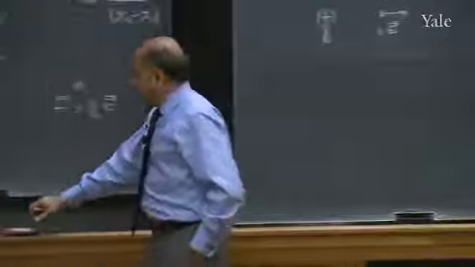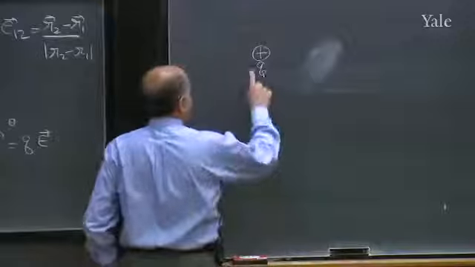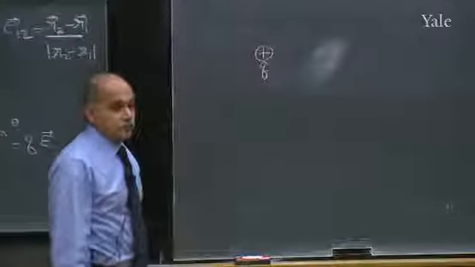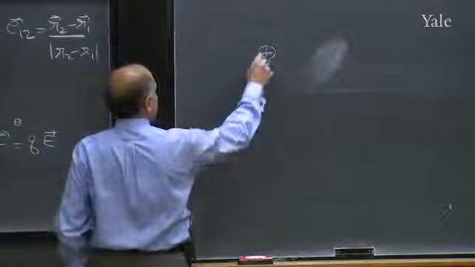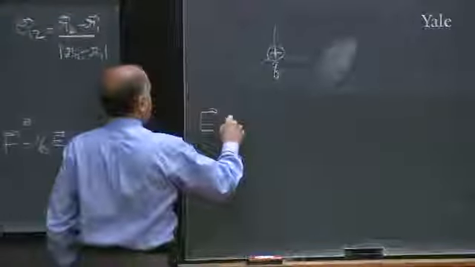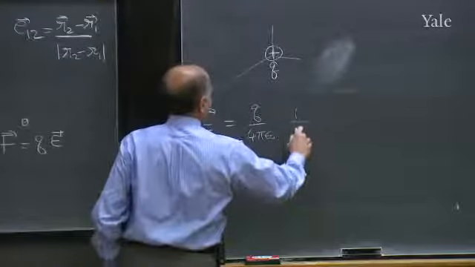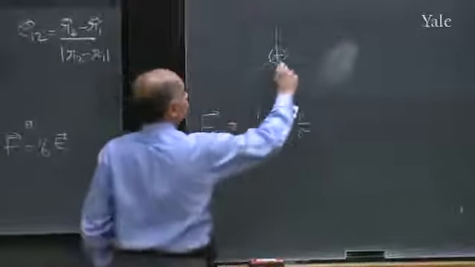All right, so let's go back now to the simplest problem in the world, the electric field due to one charge. The formula is very simple. Let's put that charge at the origin. The electric field due to one charge is q over 4 pi epsilon 0, 1 over r squared.